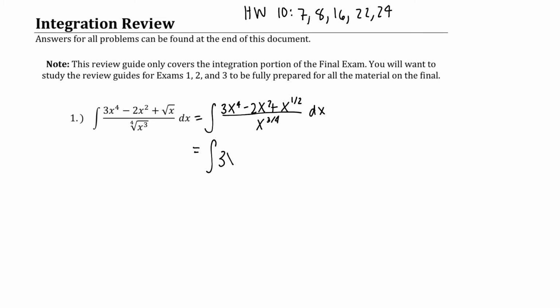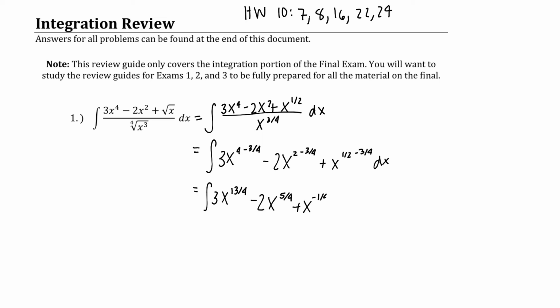So we have 3x to the 4th minus 3/4, minus 2x squared minus 3/4, plus x to the 1/2 minus 3/4. And we haven't integrated yet. So we have 4 minus 3/4, that's 16/4 minus 3, that's going to be 13/4. 2 minus 3/4 is going to be 5/4. And then 1/2 minus 3/4 will be negative 1/4.